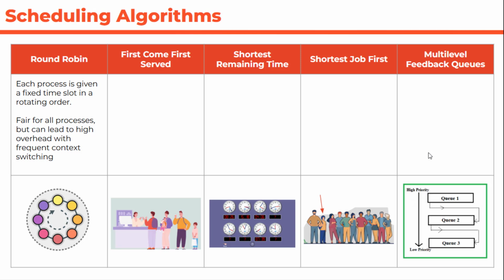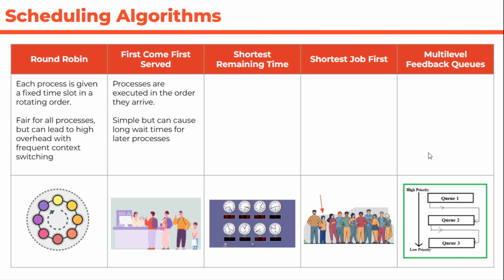Everyone gets a time slice, and we share the processing power, which can take a long time to get anything done, which is annoying. So let's think about first come, first served. Processes are executed in the order they arrive. So the first one there is the first one to be processed. The second one there is the second one to be processed. It's simple, but it can often cause long wait times for later processes, especially if you've got a big queue, you'll be waiting a long time to get anything done.